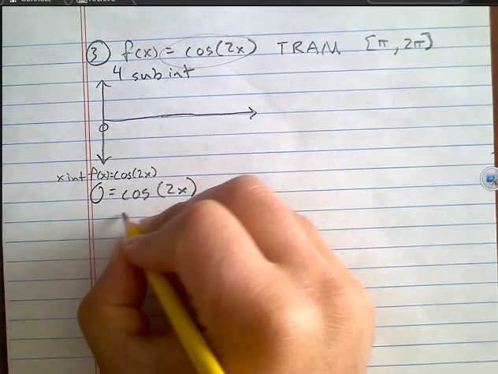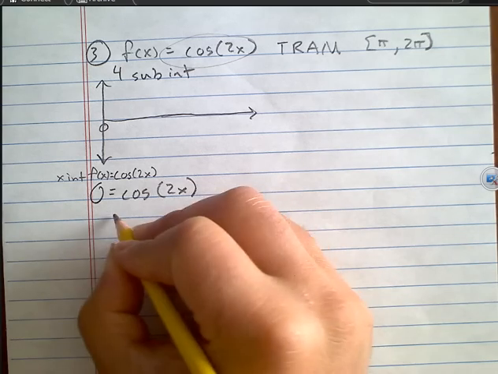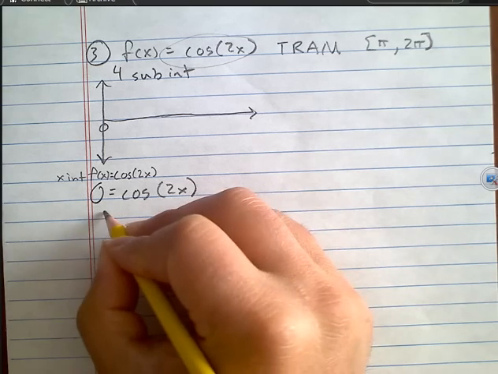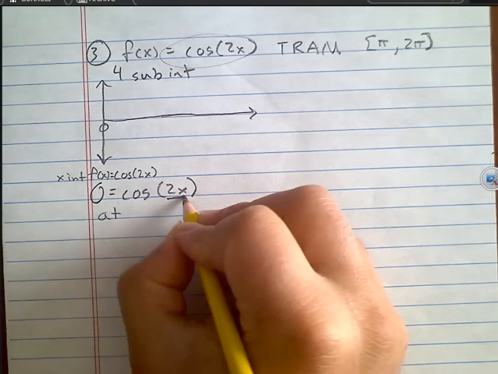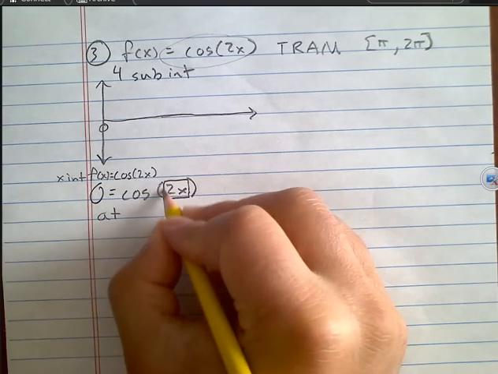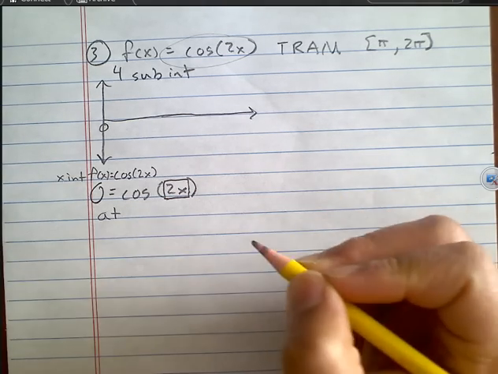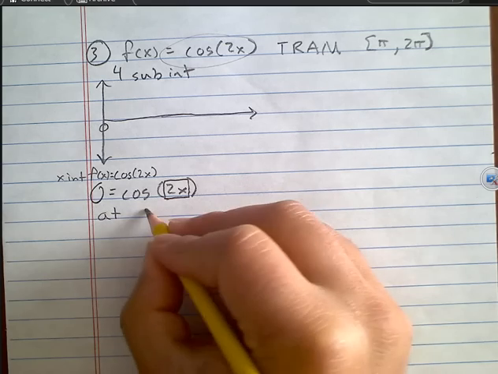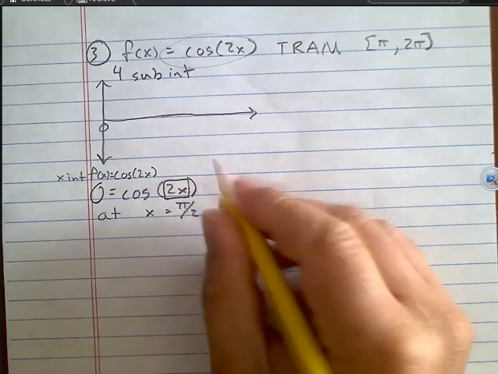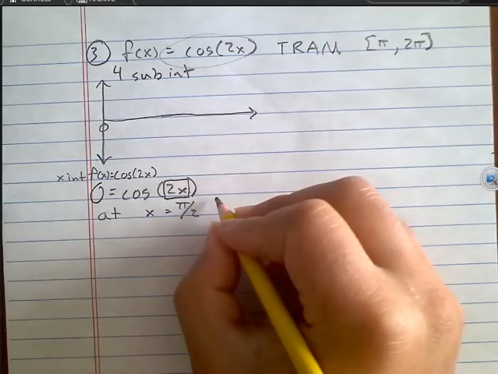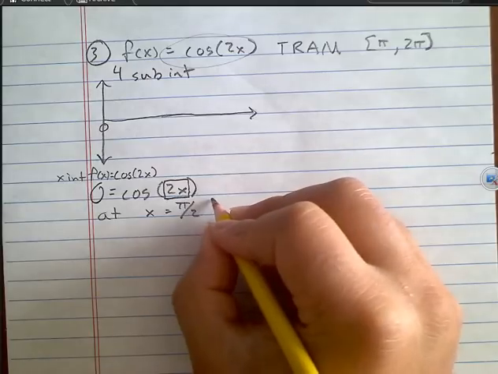Alright, so cosine of 2x is equal to 0 at, and it's not x equals pi over 2 though. What is the next one? 3 pi over 2.